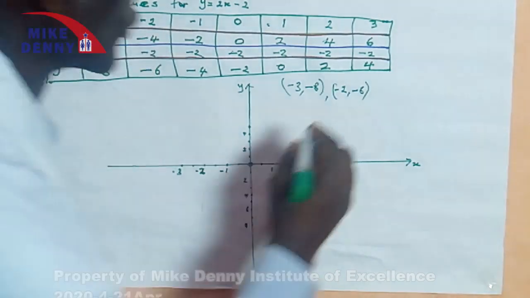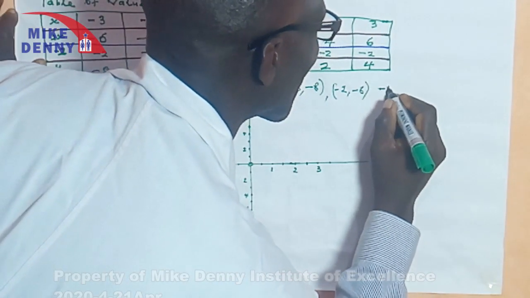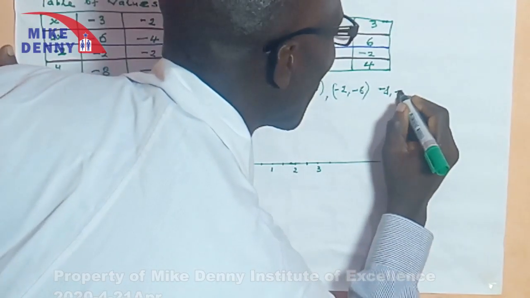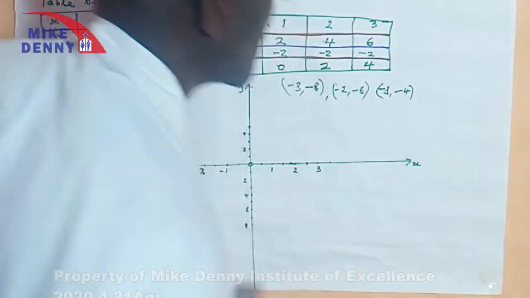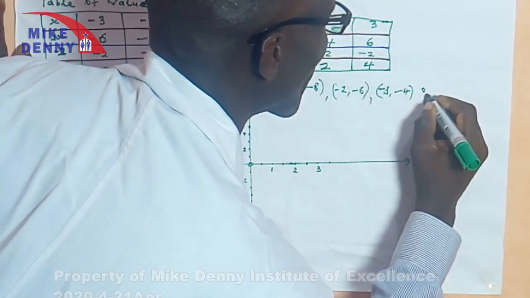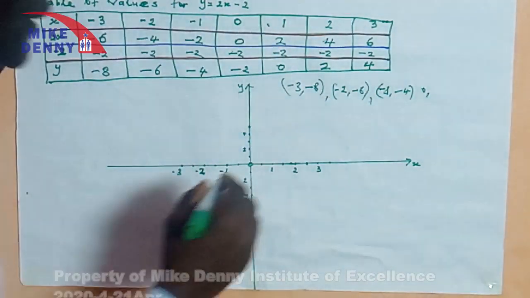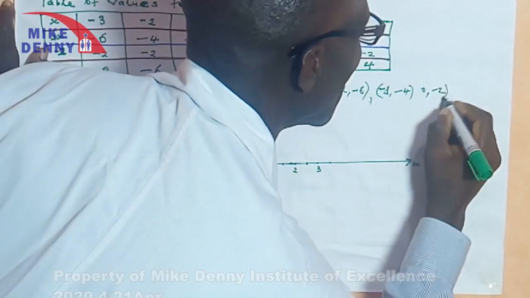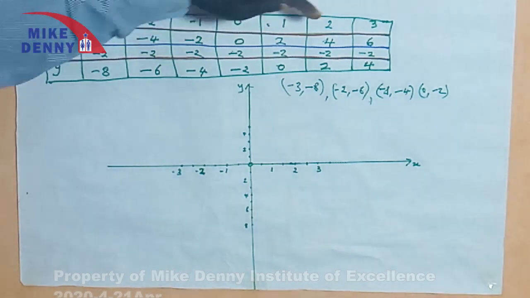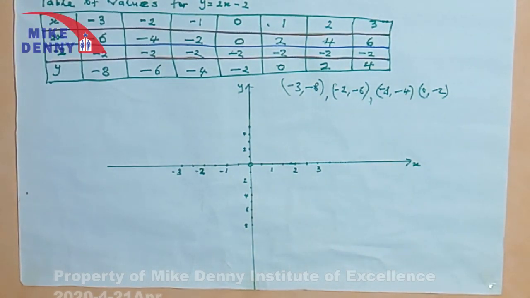Then you have -1, and the image of -1 is -4. Then you have 0, and the image of 0 is -2. And you can continue until you get the last image of the object in the domain.